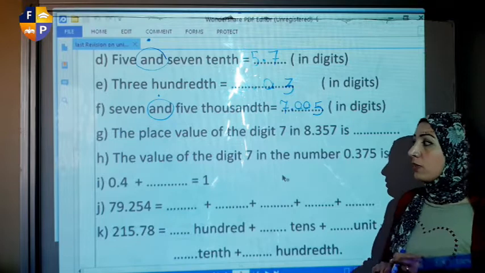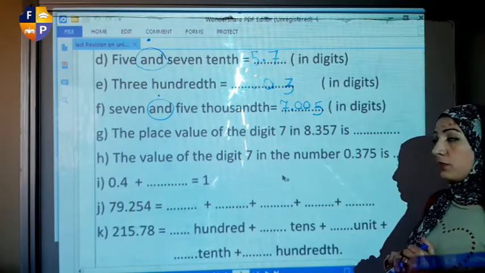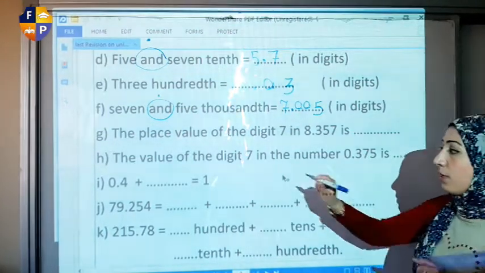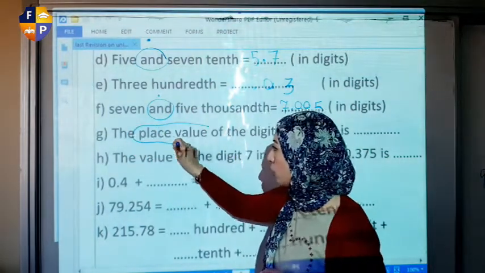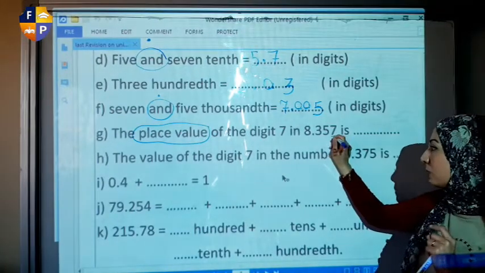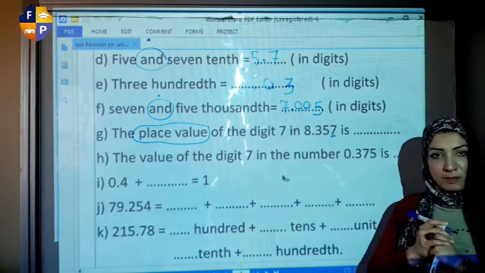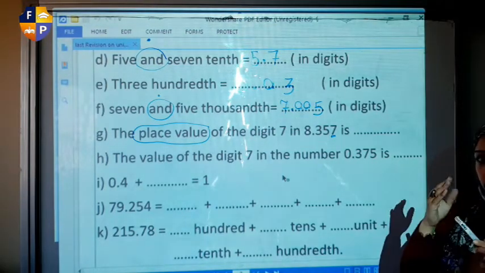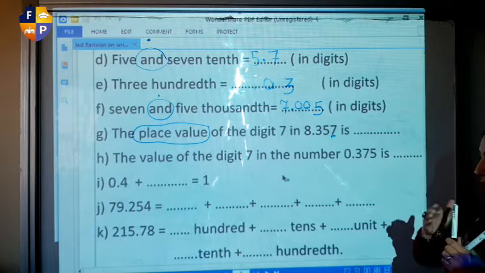Next one, the place value of the digit 7 in the number 8.357. Place value means we want to write the place value of digit 7. So first we will underline 7 and write the place value for each digit until we reach the digit 7.